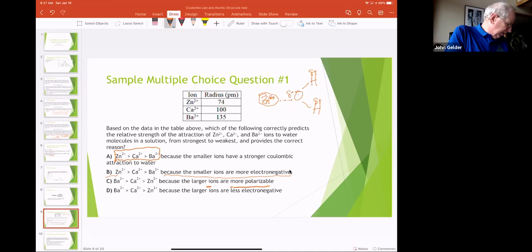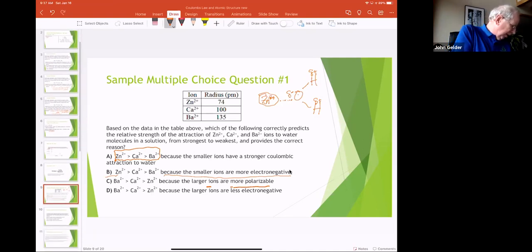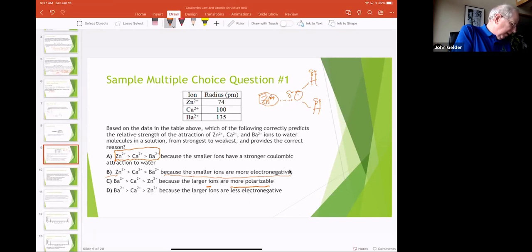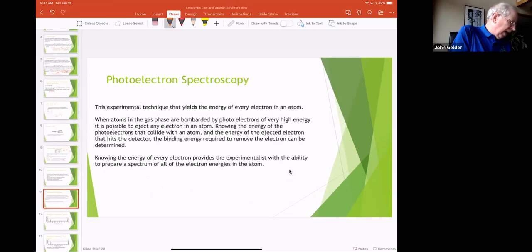What I'm going to do is skip maybe the next problem in the interest of time, and jump down to our next place that I wanted to talk about when we think about atomic structure, and that is a technique called PES, which is photoelectron spectroscopy, an experimental technique that we use to measure the binding energy of electrons in an atom.